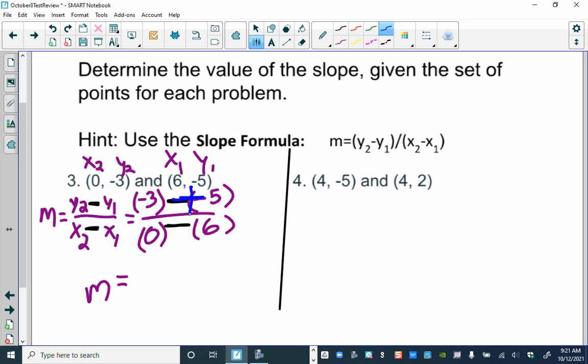So pretend you owe somebody $3. You have 5 in your hand. How much would you have left? You'd have $2. So in this case, -3 minus the -5, which became -3 plus 5, is +2.